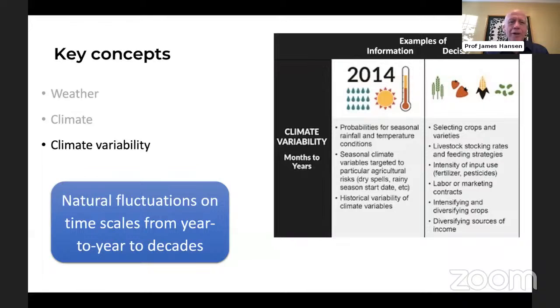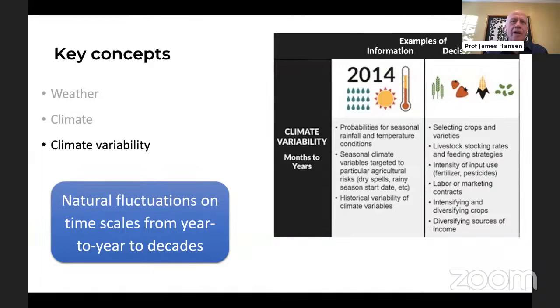Climate can further be divided into climate variability. So this has to do with the natural fluctuations within the atmosphere that are driven by natural processes, typically over time scales ranging from several months to maybe a decade or a little over a decade.